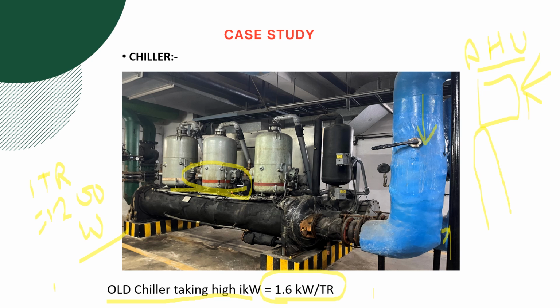But here this chiller system has other components also, like pumps and AHUs. So the complete chilling system will consume more power if the chiller alone is consuming 1.6 kilowatt for 1 TR. So what is the ideal case? We'll see in the next slide.